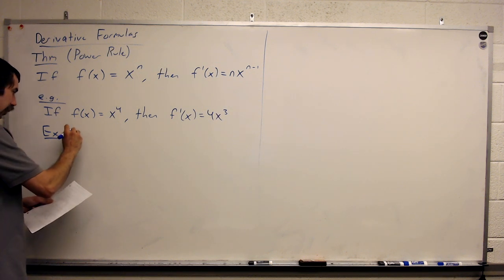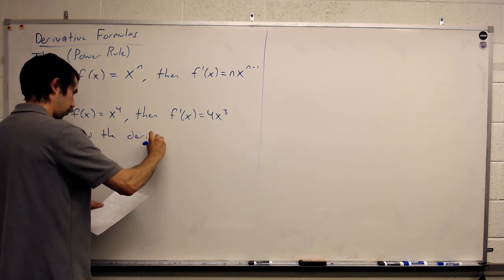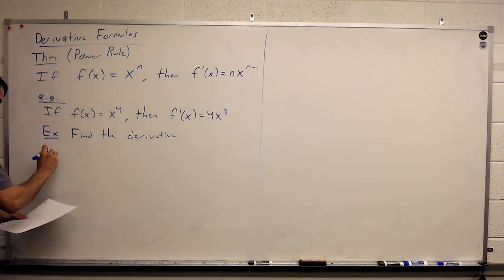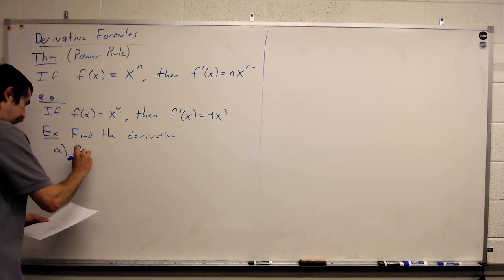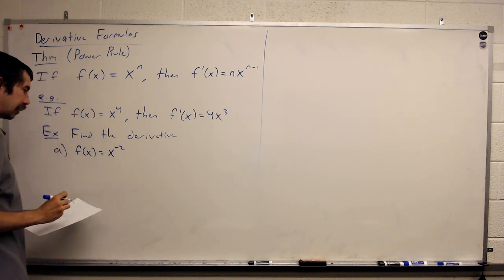Okay, so find the derivative. First one, actually let's do 3. I said 2? Let's do 3. A: f of x equals x to the negative 2.